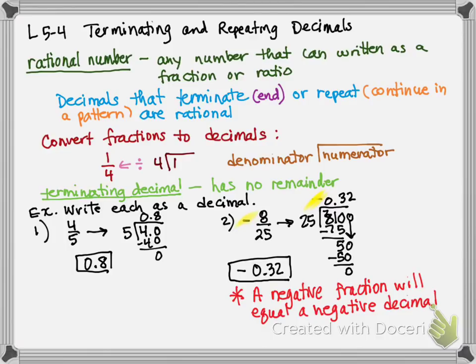So let's talk about repeating. So we're going to go to the next slide. And for me, this was my second page. I know some of you are really teeny writers, and you can still fit it in. So let's talk about a repeating decimal. And a repeating decimal is a decimal with digit or digits.